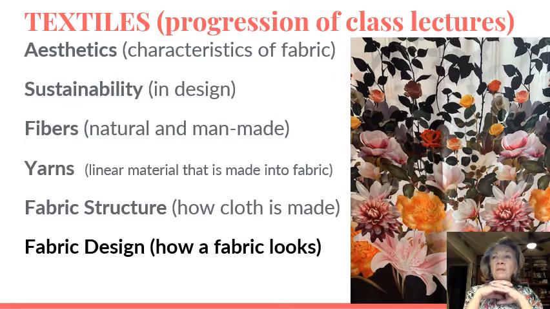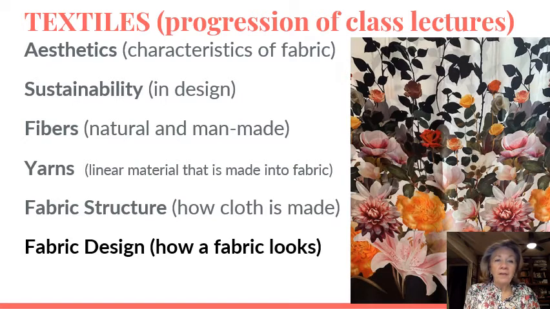So let's look at the progression of our class lectures while we look at this absolutely gorgeous piece of silk that I bought some years ago and haven't yet used. Isn't that beautiful? I just love beautiful, beautiful pieces of fabric. All right, as you remember, we started our first lecture talking about the first two topics on this list: aesthetics or characteristics of fabric, and also sustainability in design.